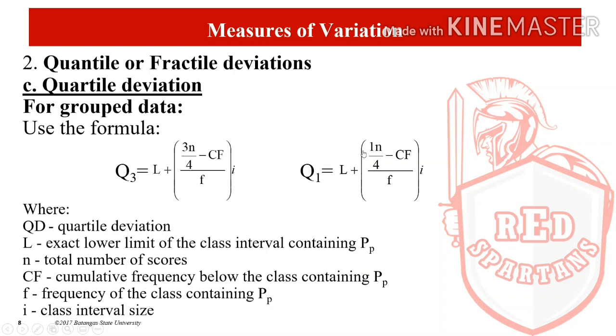So, for group data, yung formula natin na gagamitin is Q3 is equal to L, or the exact lower limit of the class interval containing P sub P, plus 3n over 4 since Q3, so yun yung i-apply natin na formula, minus the cumulative frequency below the class containing P sub P over the frequency of the class times the class interval.